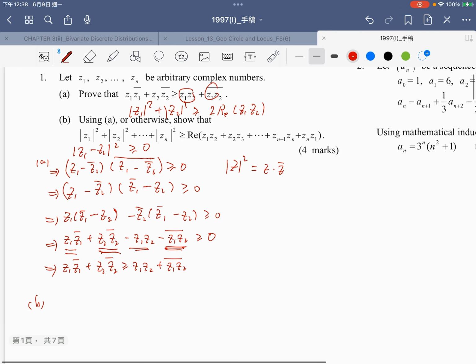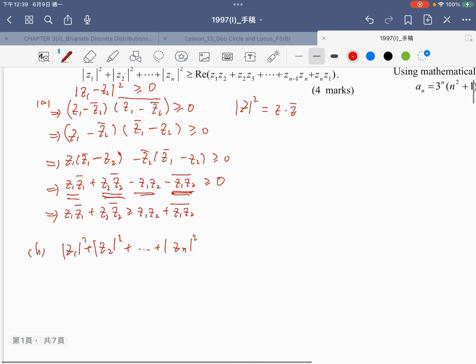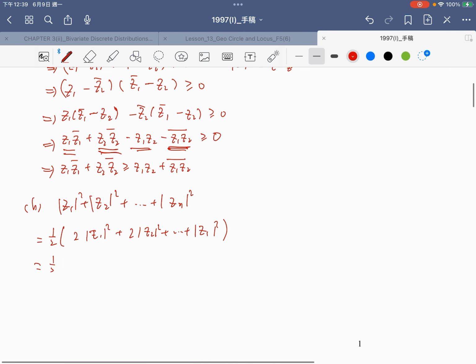In this case, for part B, we can group that term by term. That means 1 over 2 times 2 Z1 squared plus 2 Z2 squared, and so on.